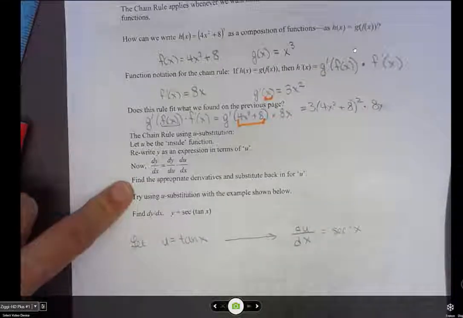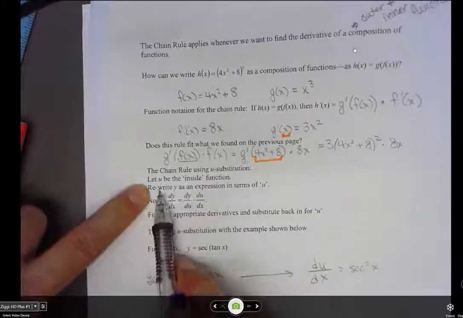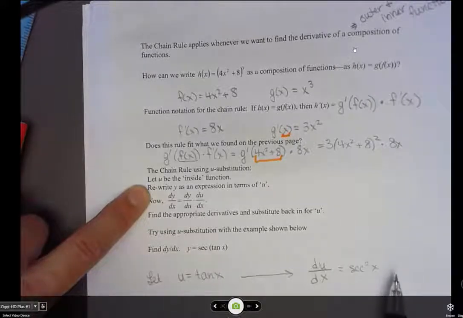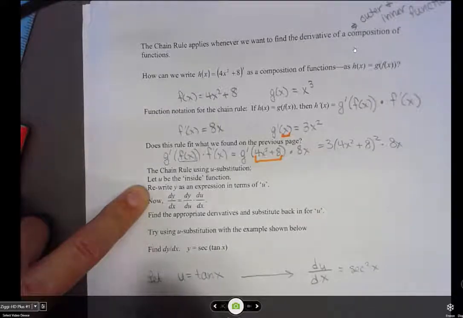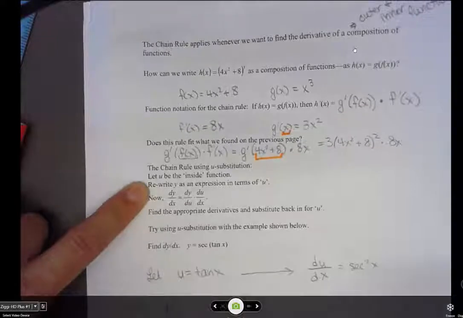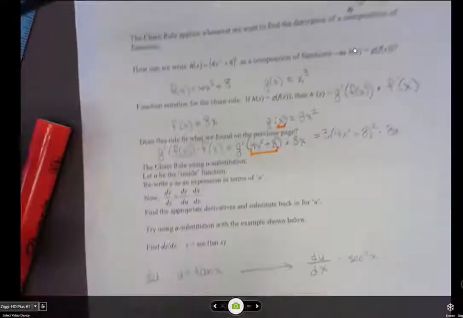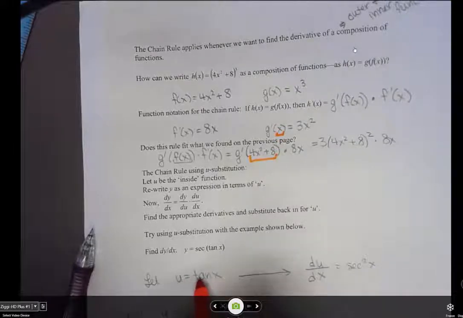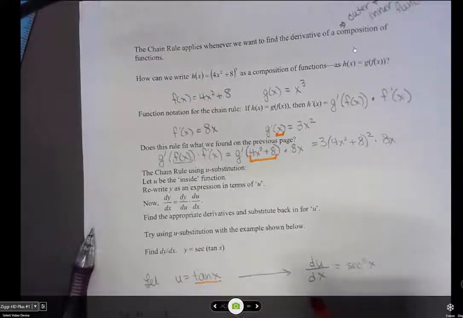Okay, so now it says rewrite y. Once you identify the inside function and its derivative, I always do that, then I rewrite y. So now, how can I write y? u was tan x, so wherever I have a tan x, I'm putting u.